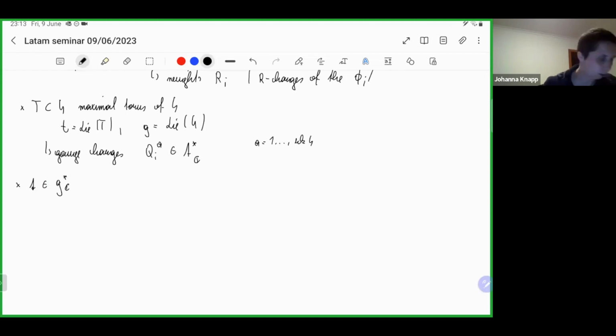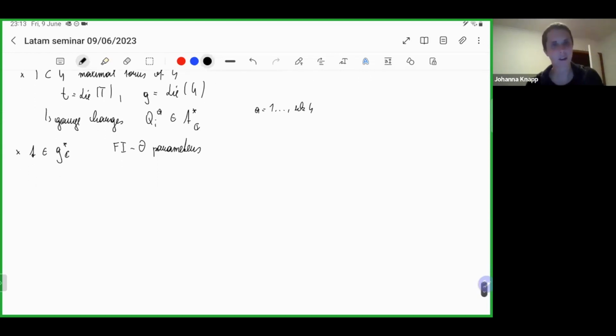So it's a complex parameter, and these are called the Fayet-Iliopoulos or FI and theta parameters. So think about them as certain coupling constants. It's a gauge theory, so you will have the standard gauge coupling like the electric charge, but you also have this additional coupling constant that basically comes from the structure of supersymmetry.